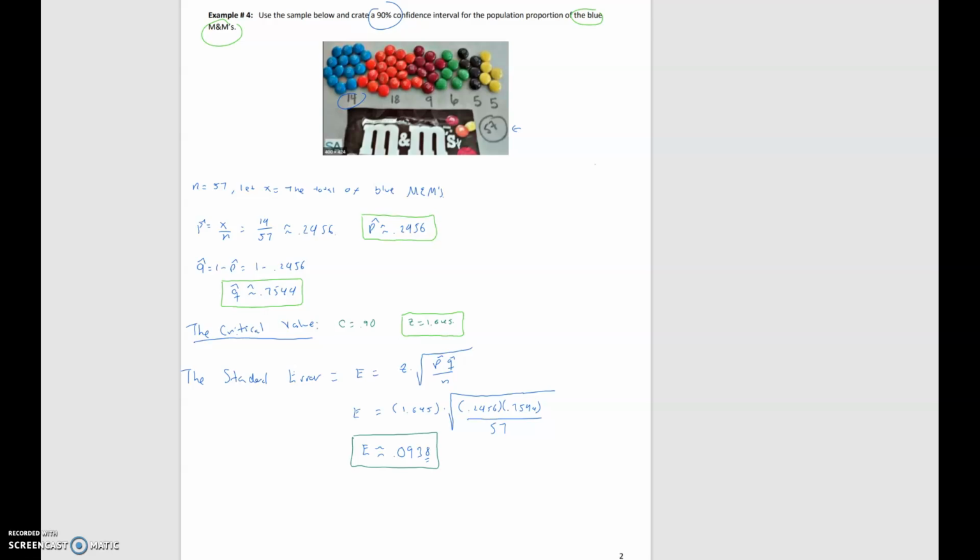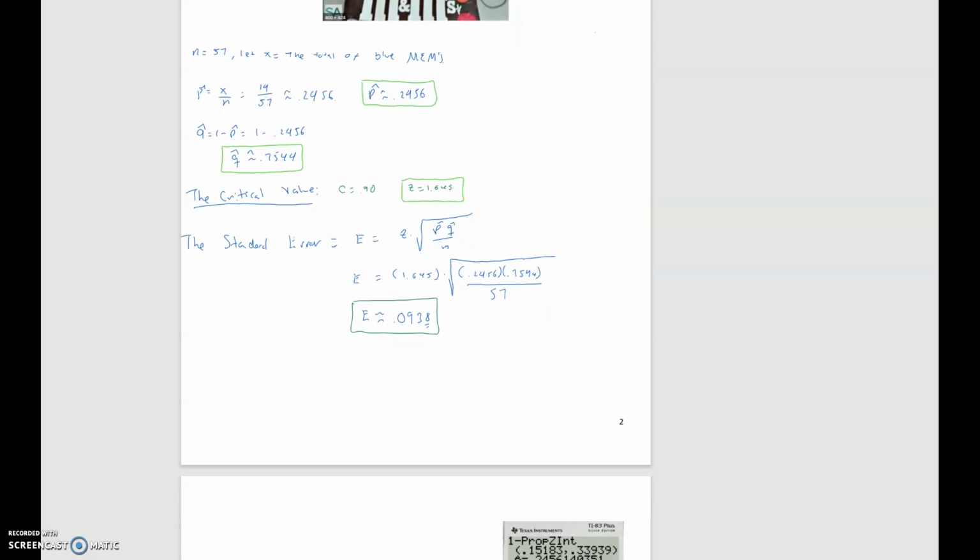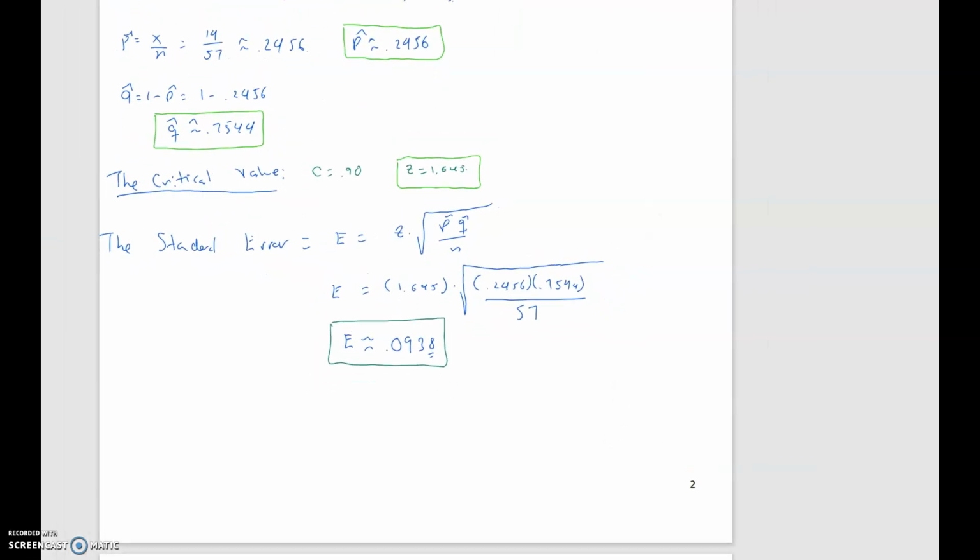Okay, so at this point we're almost done. The last portion is to define the proportion of, in this case, the blue M&Ms, where we're just going to get the sample proportion and add and subtract the error. So the confidence interval for P is going to be by bounding P by the following.